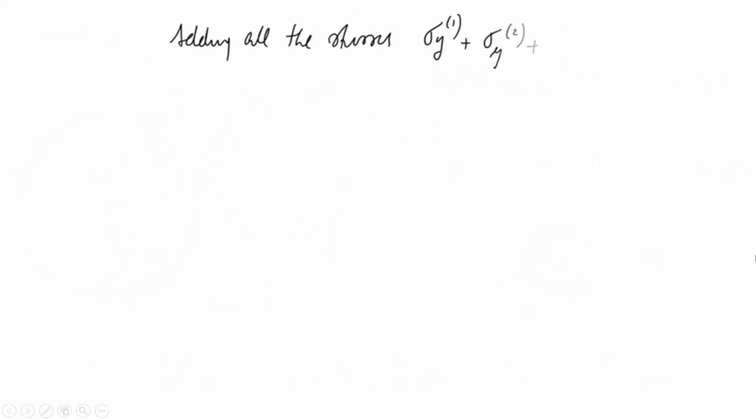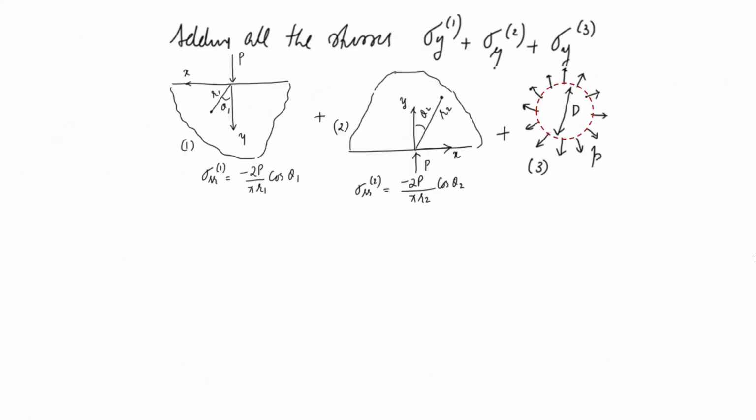So adding all the three stresses from the two Flamant problems and the disk subjected to external pressure as shown here, we can construct the stress field for a circular disk subjected to two line loads along one of its diameters.